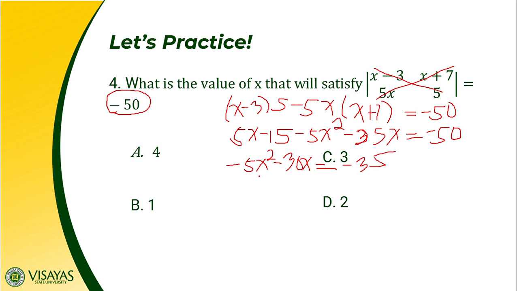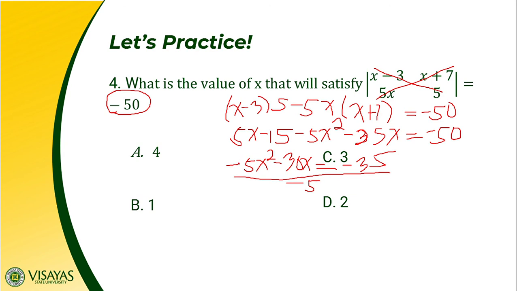Okay. Next is, since the coefficients of x squared and x and the constant are all divisible by negative 5, therefore we can just divide this whole equation by negative 5.